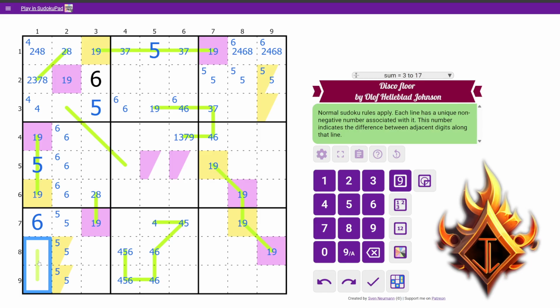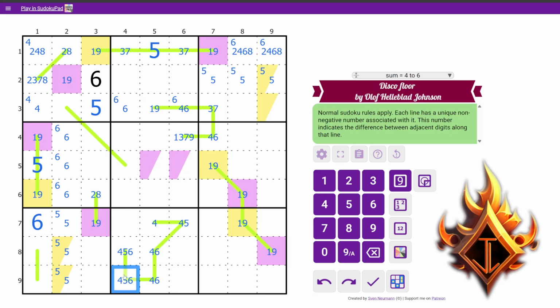So this was a difference of 5 or 6. And it was 2, 3, 7, 8. If this is pink, then pink must go there.